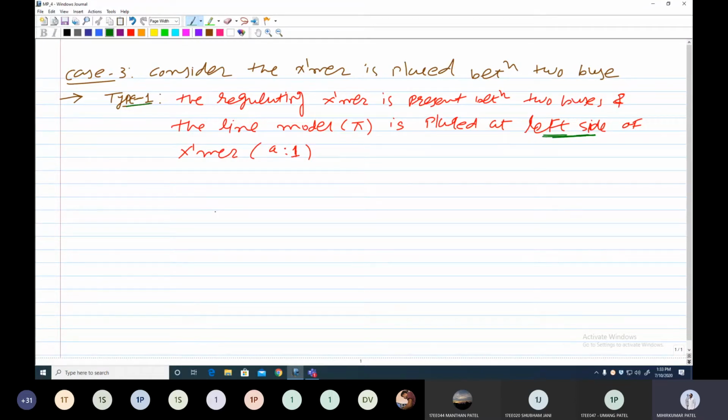For such a case, let us understand how we can derive the admittance matrix.